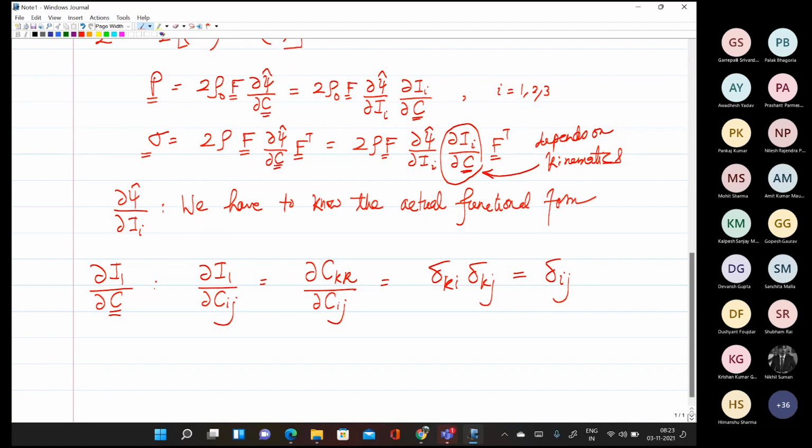So del I1 by del Cij is delta ij. Then what can you say about the tensor del I1 by del C? Isn't that the identity tensor, right? So this is what I was saying, that these derivatives are purely kinematics, based on kinematics, and you can find it.